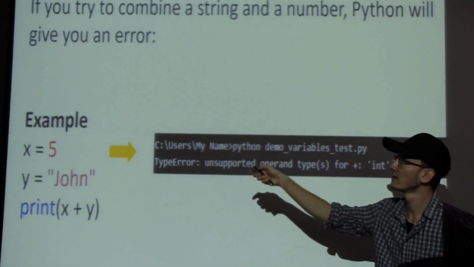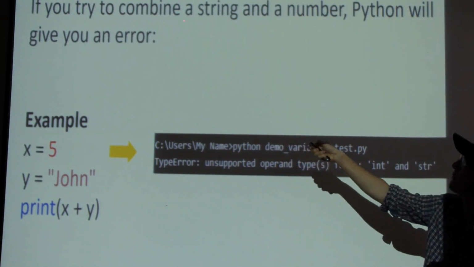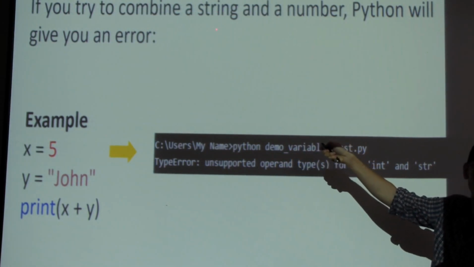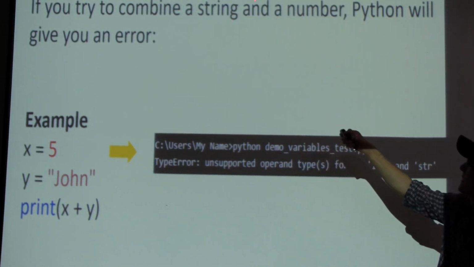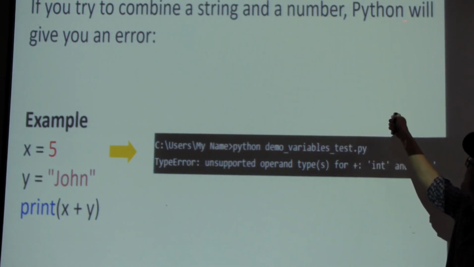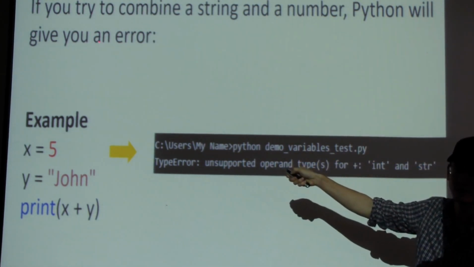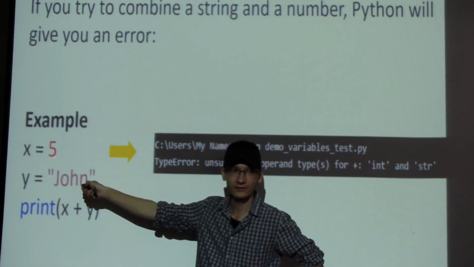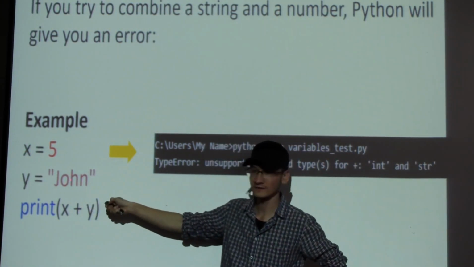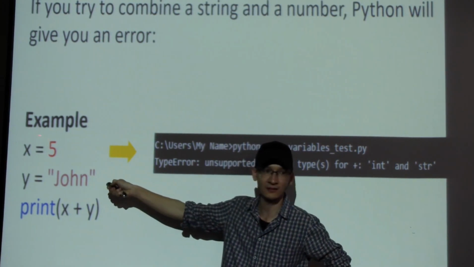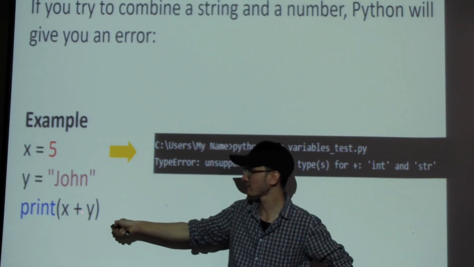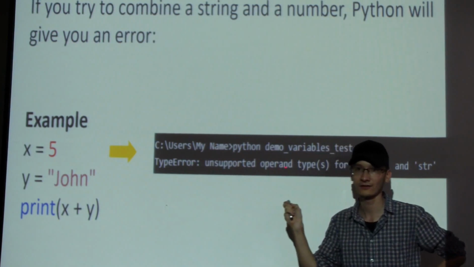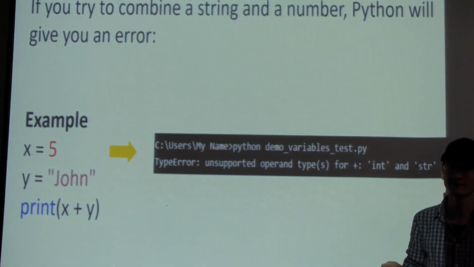Now, look. If you try to combine a string and a number, Python will give you an error. Here, x is 5, y is John. This is a string, this is an integer number. Print x plus y, error.